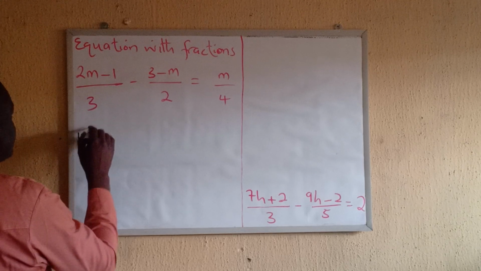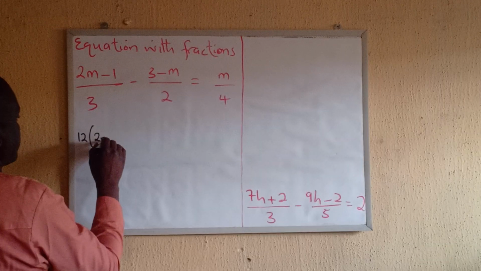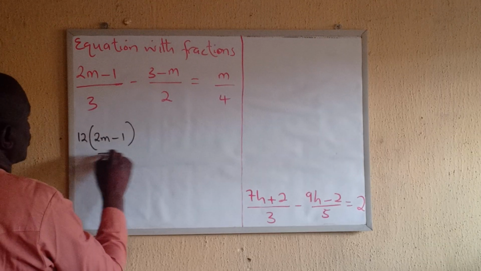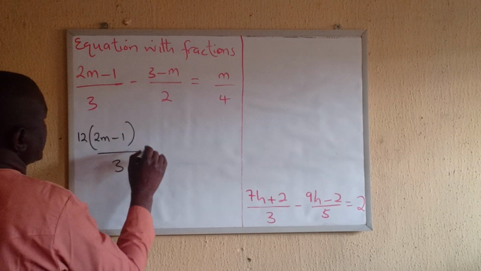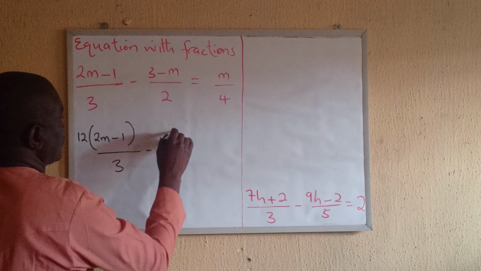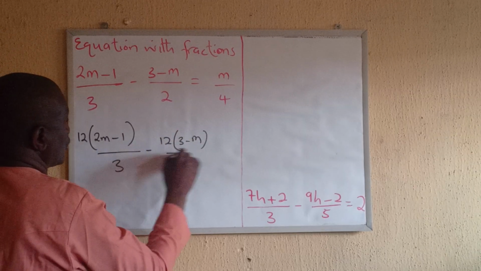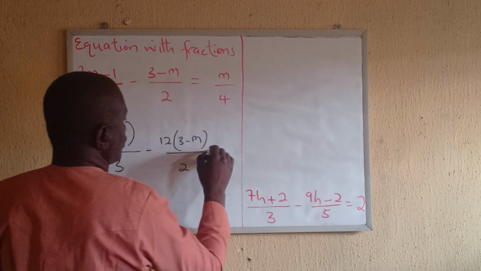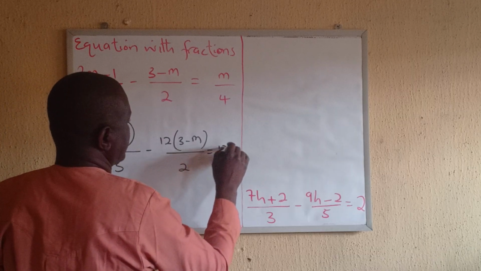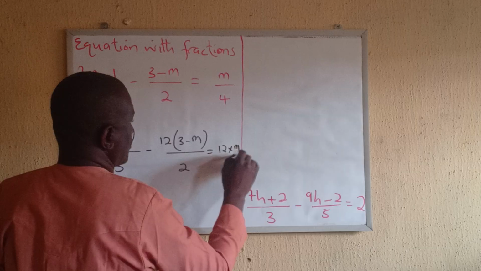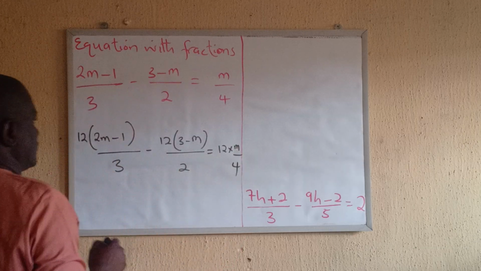So we write 12, open bracket, 2m minus 1 all over 3, minus 12, open bracket, 3 minus m all over 2, equals to 12 times m all over 4.